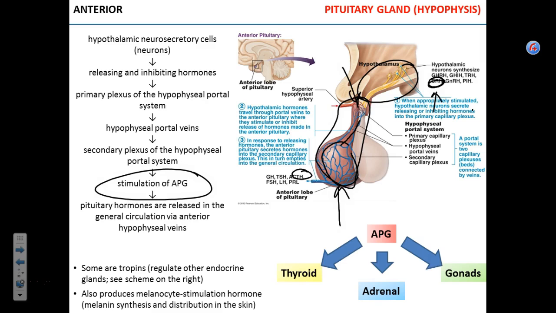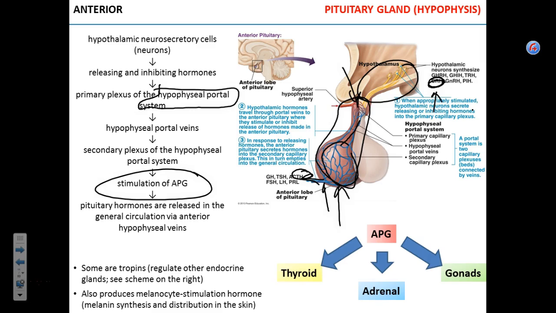ACTH enters circulation again, and now is delivered to the entire body. Does that make sense? So you have the hypothalamus. The hypothalamus produces the hormone. That hormone enters the hypophyseal or hypothalamic hypophyseal portal system. Portal system refers to those blood vessels.